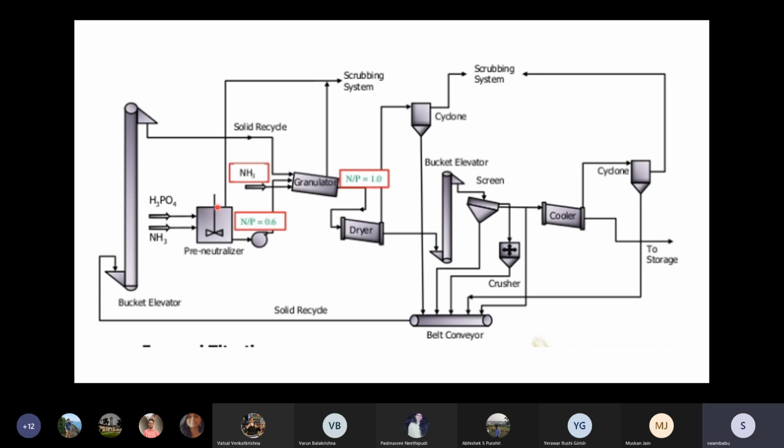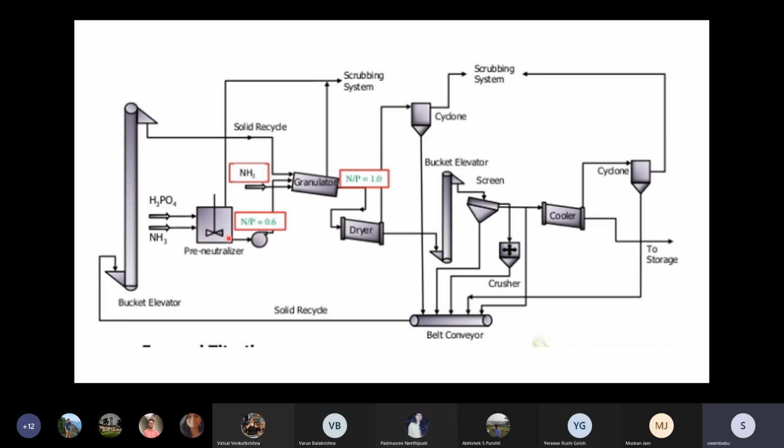So in this pre-neutralizer, ammonia and phosphoric acid react and produce monoammonium phosphate. I gave a hint here.